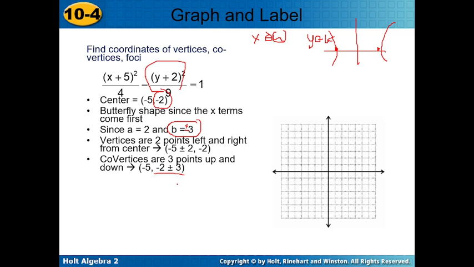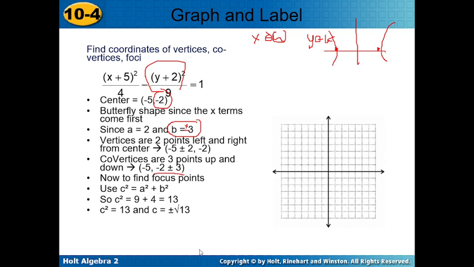Alright, so in that case, we're going to find the value of the foci. Using the formula c squared is equal to a squared plus b squared, substituting all the terms, 9 plus 4 equals 13. And therefore, we found the value of c, which is positive and negative square root of 13.